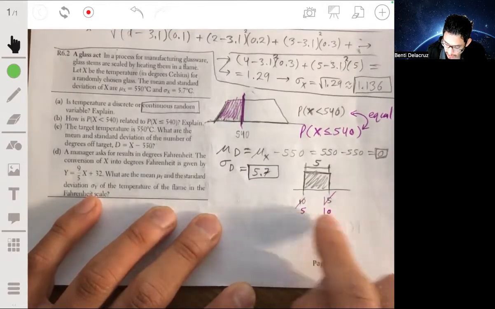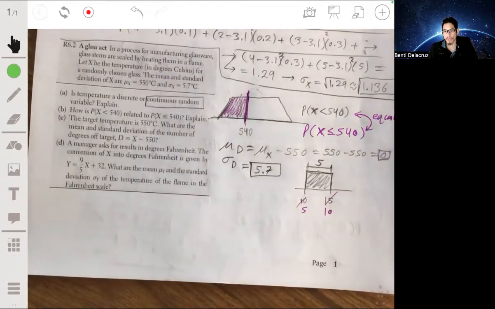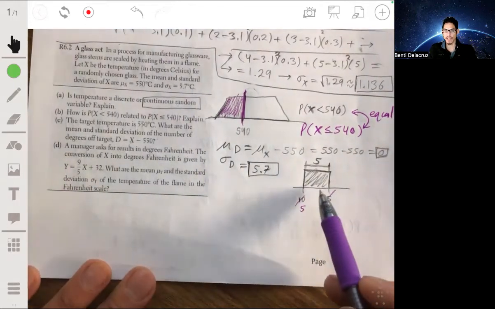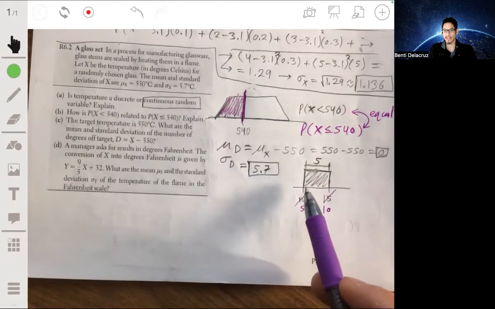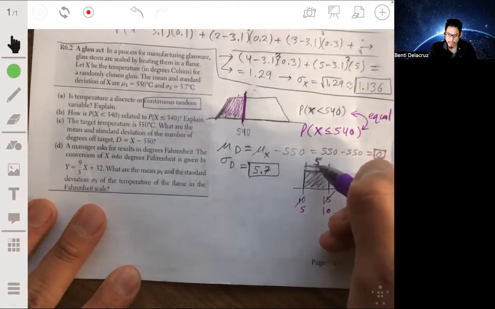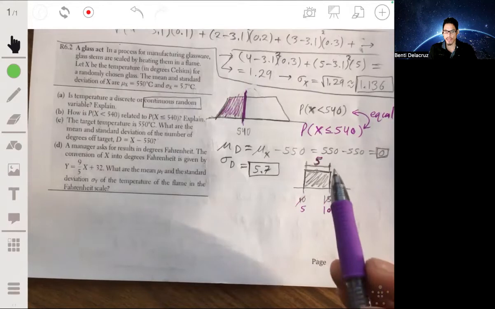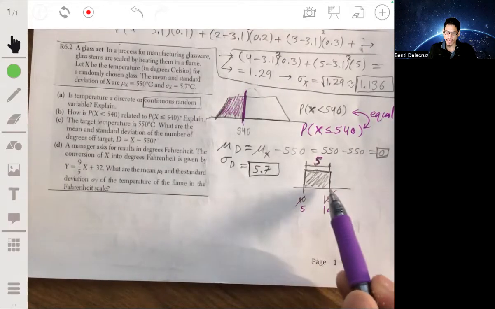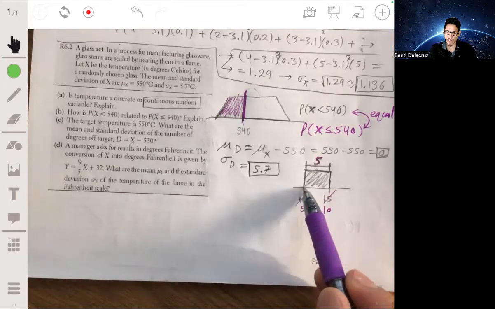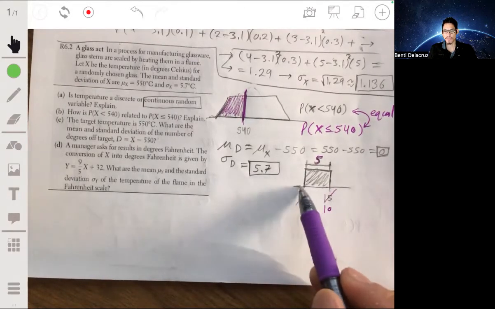Now the standard deviation, or in this case the difference or range between 5 and 10, is the same. I'm just doing this as a hypothetical example to make it easy to understand. If we change the endpoints of this distribution by subtracting 5, the values themselves change, but the spread doesn't change.